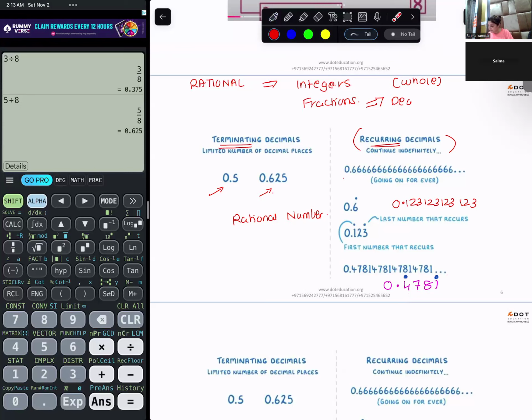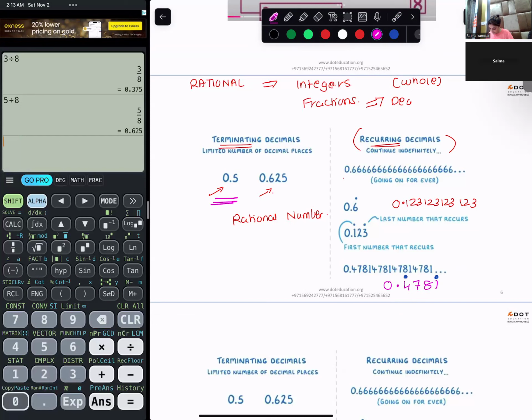If I have to write 0.5 in the form of a fraction, how will I write it? 0.5 is nothing but half. I press S-D.